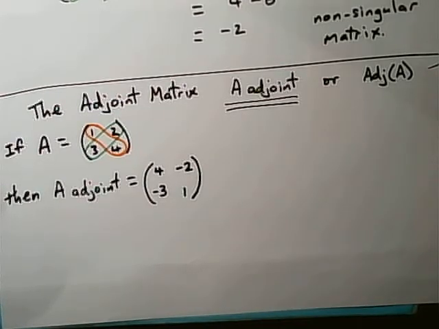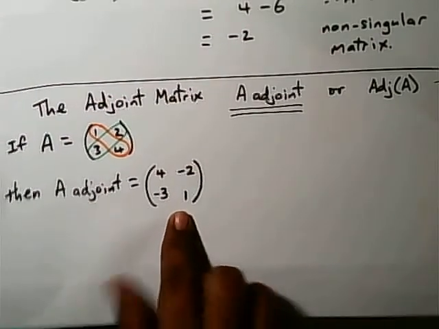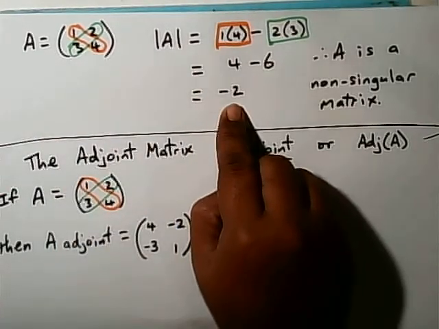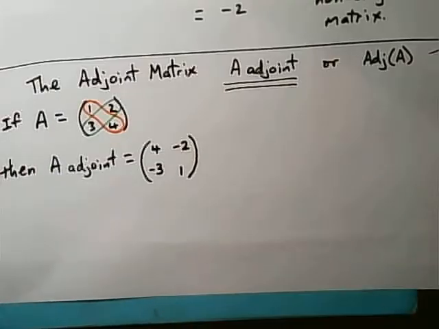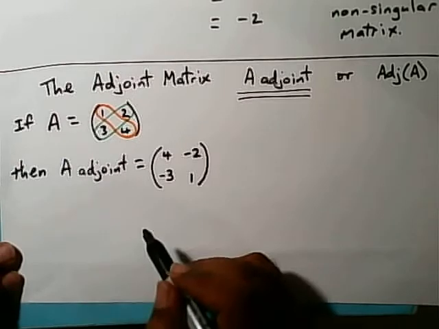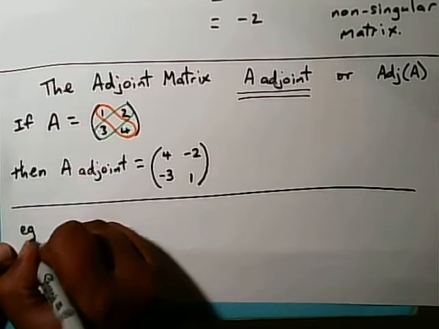You realize here the adjoint matrix is an actual matrix, whereas the answer for a determinant is a number, not a matrix. Okay, let's look at the next example here. Another example.